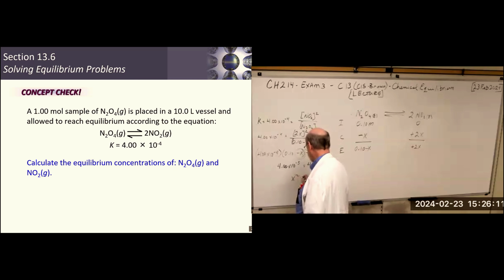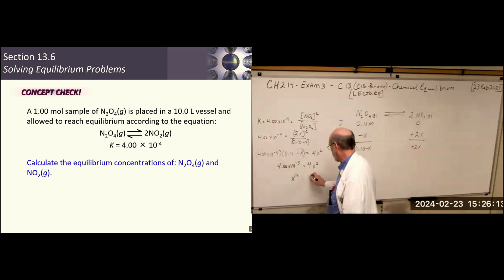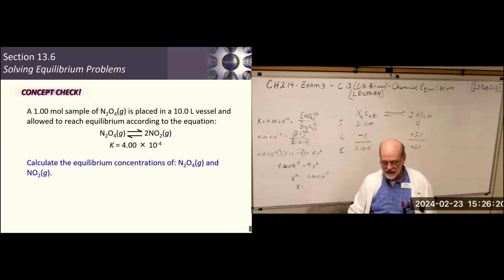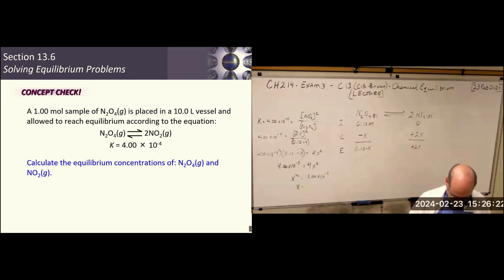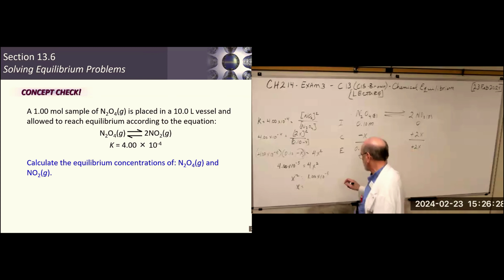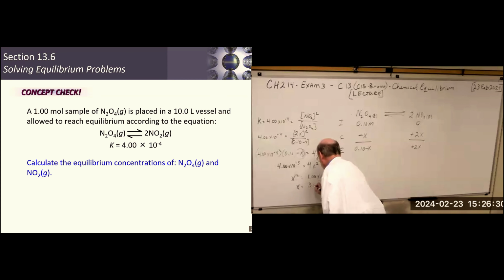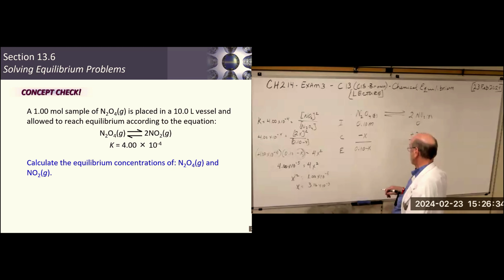That means x squared equals 4 divided into that, which would be 1 times 10 to the minus 5, and x would be the square root of 1 times 10 to the minus 5. 3.16 times 10 to the minus 3 is x.